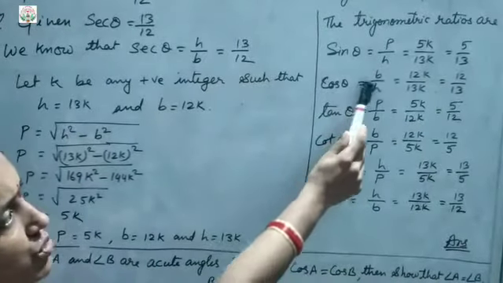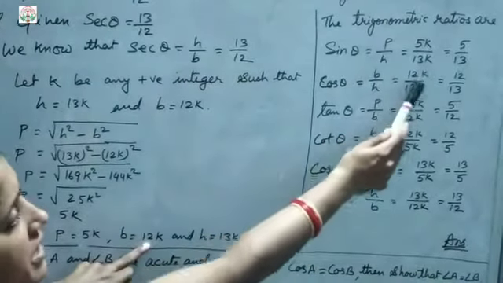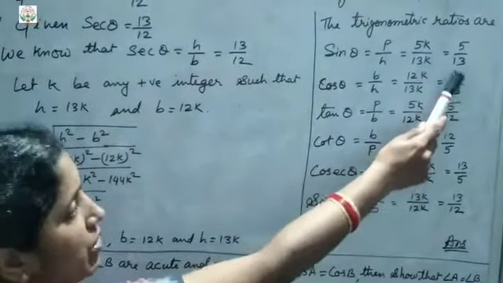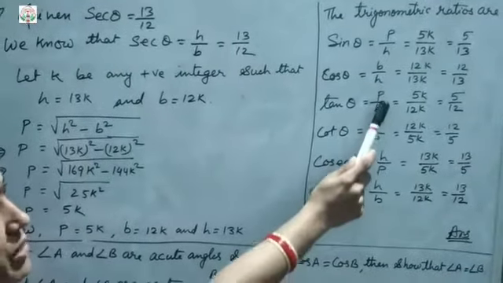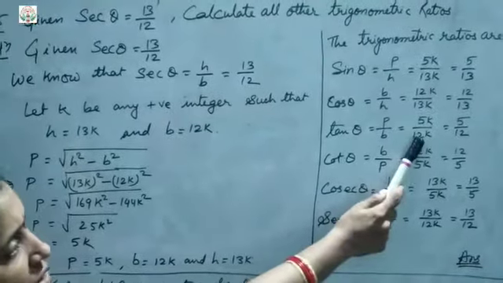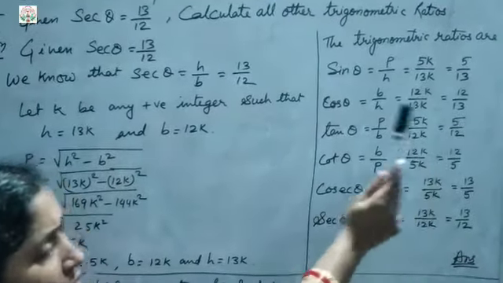Same way cos theta equals B by H, that is 12K upon 13K. K gets cancelled and we get 12 upon 13. Same way tan theta equals P upon B. P value is 5K and B value is 12K. K gets cancelled and we get the ratio 5 upon 12.